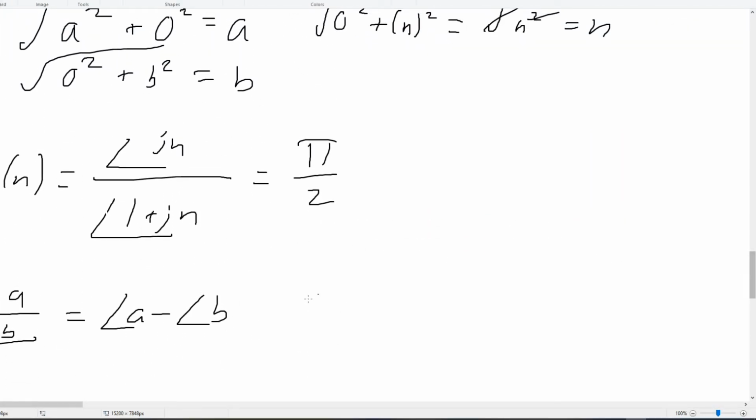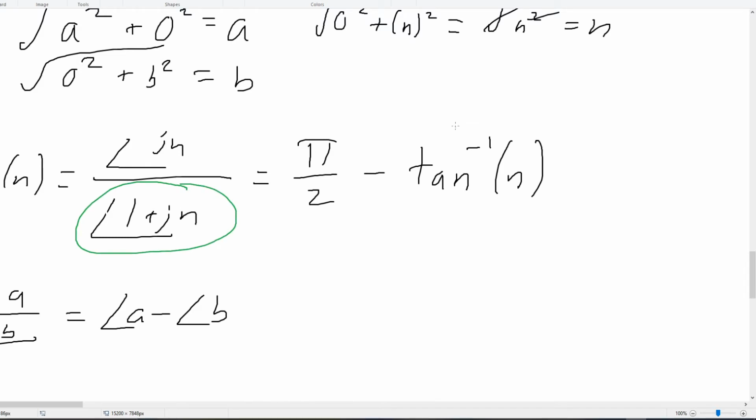So, just as a reminder, we're going to be subtracting the angle of b. So this is minus tan inverse of n. Right? This is equal to this.